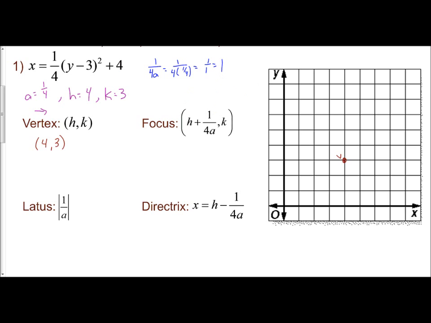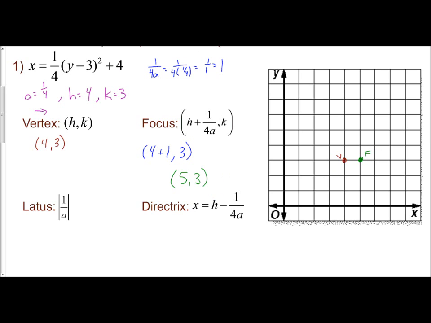So if I want the coordinate of my focus, I'm going to do h plus 1 over 4a, so h plus 1, 4 plus 1, comma k, which is 3. 4 plus 1 is 5, so it's (5, 3). So my focus is located at (5, 3). I'll put an F there for focus.